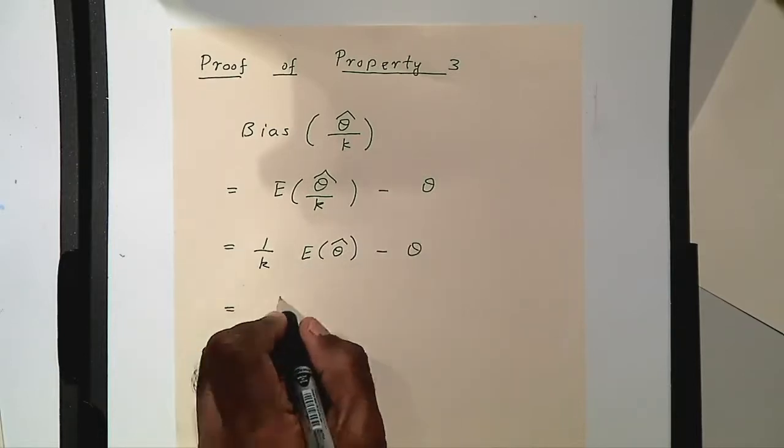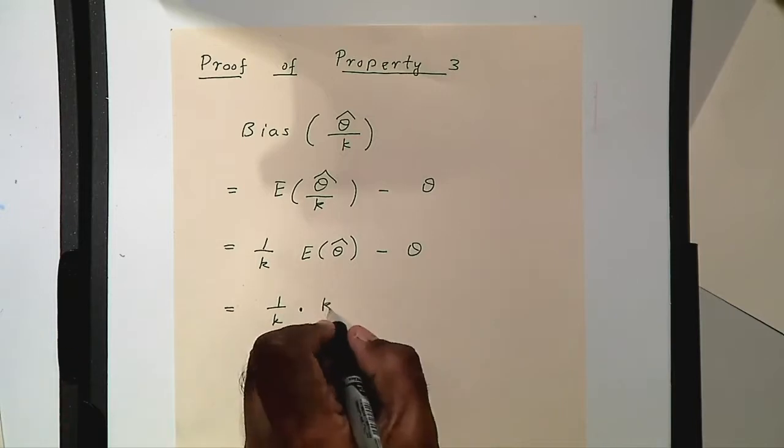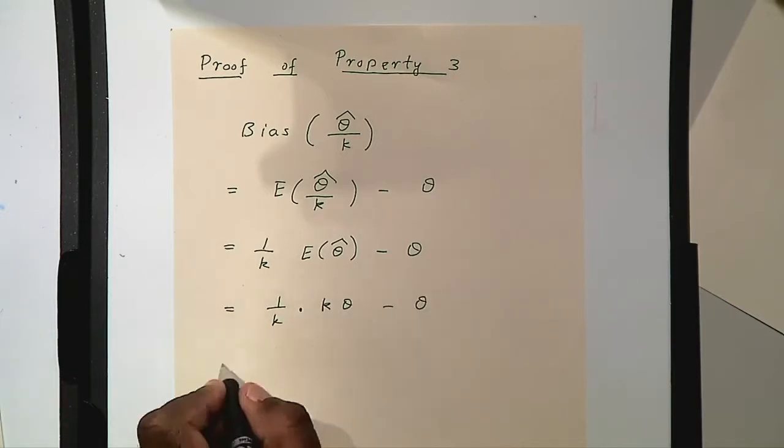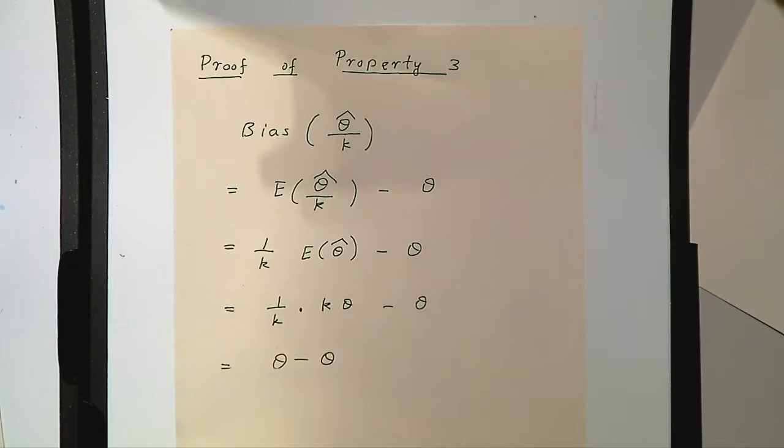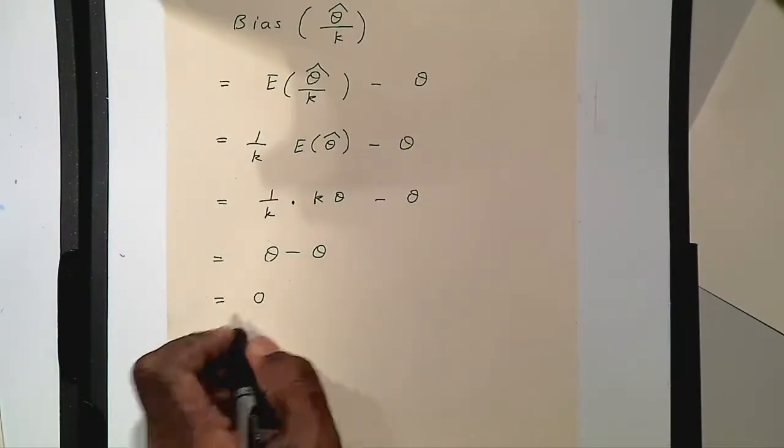So this becomes 1 over k times k times theta minus theta, which is theta minus theta, which is 0.